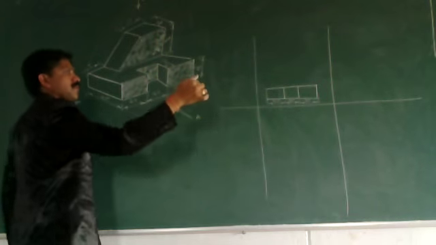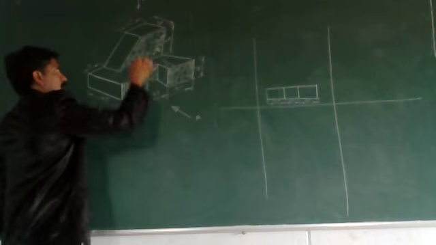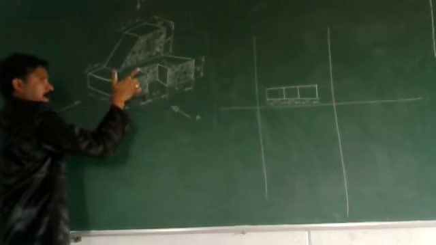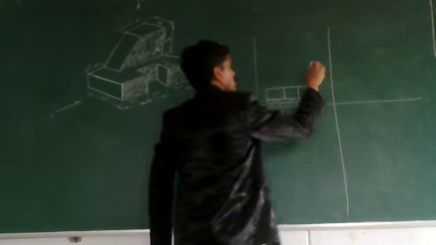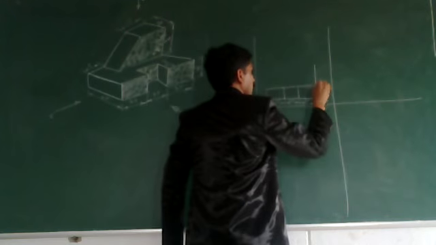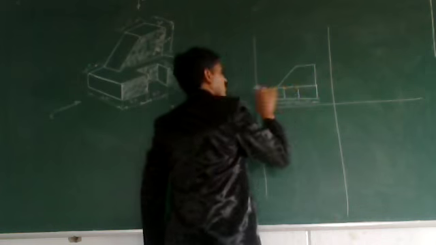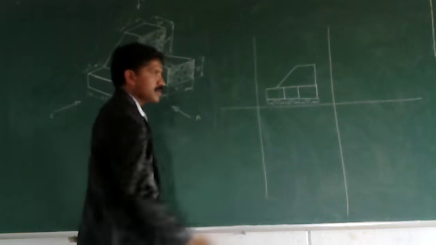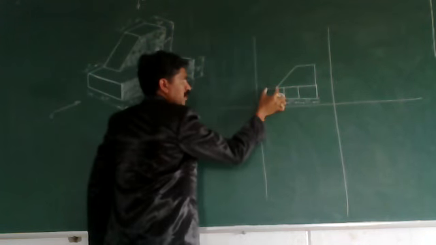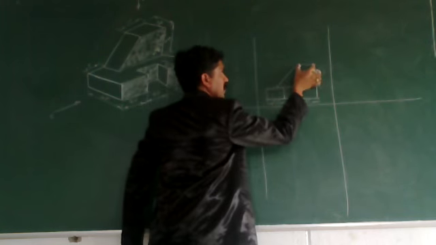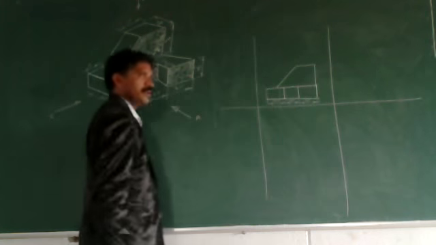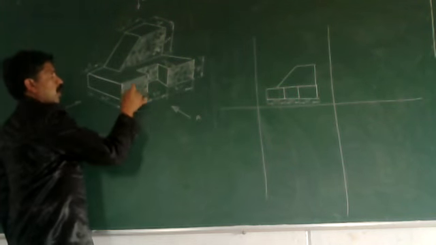And next, concentrate on this one. When you observe from this direction, this wall coincides to here, and this slope coincides to here. See this one. So the height of the wall is 30, and this is 15, and this is joined 15 from the front direction. That means you please make a dimension here 15, and this is 15, and join this slope. So you will get the front.